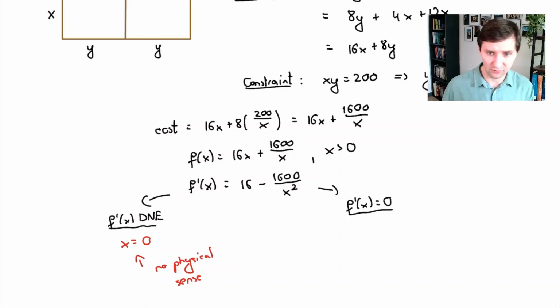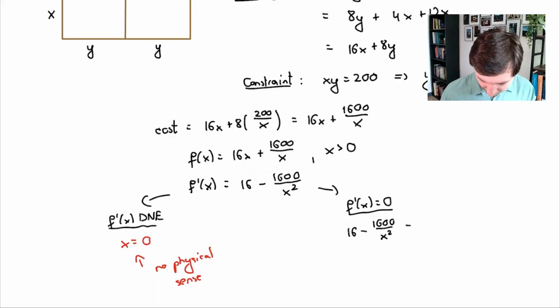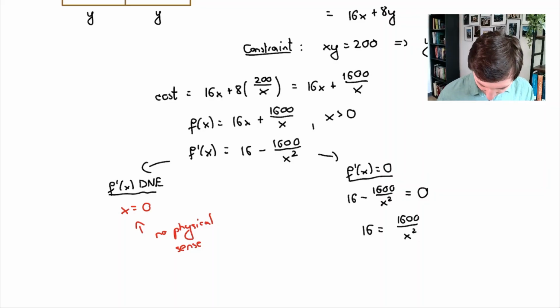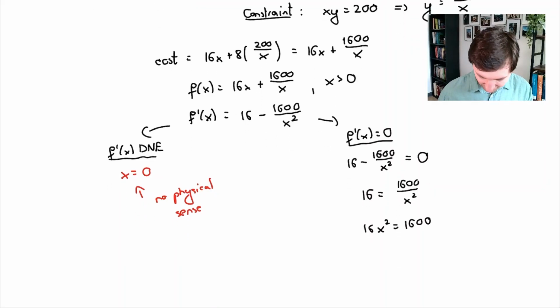To determine when this derivative equals 0, I set the derivative equal to 0. And I get 16 minus 1600 divided by x squared equals 0. I move the fraction to the right side, and I get that 16 equals 1600 divided by x squared. Multiply both sides by x squared, and I get 16x squared equals 1600. Divide both sides by 16, and you get that x squared equals 100.